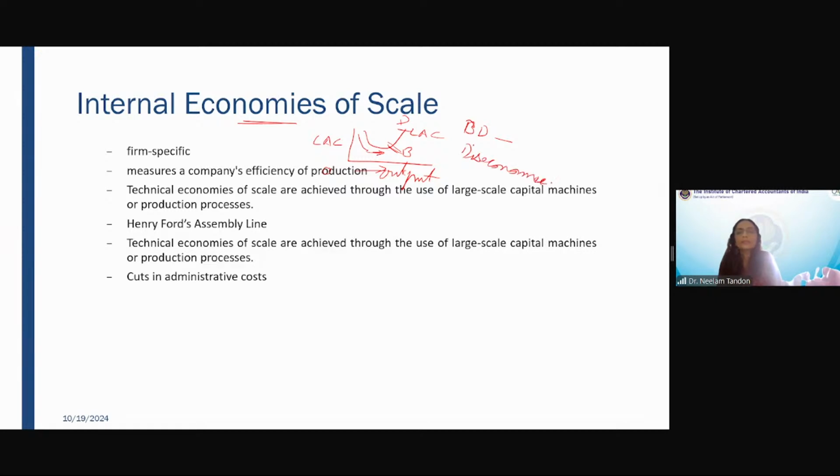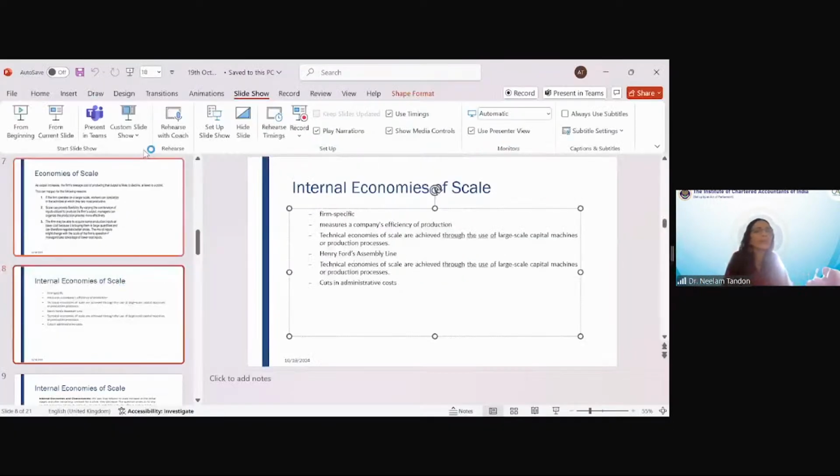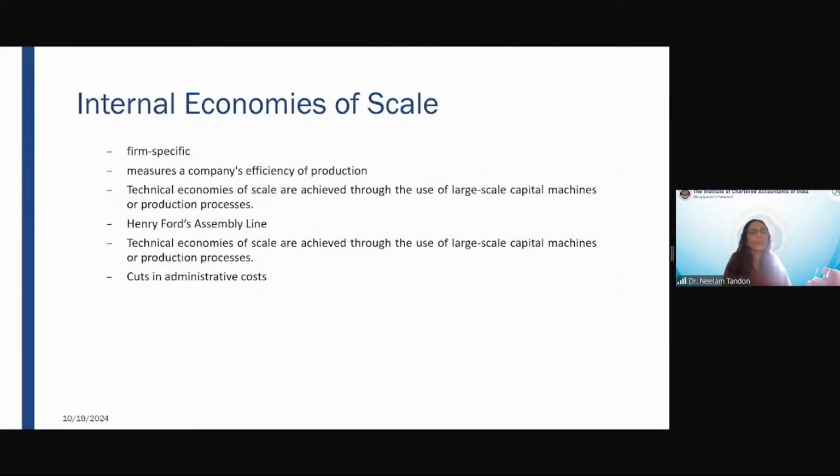Why is it diseconomies of scale? Basically, disadvantages. Disadvantages of working on a large scale. When you work on a large scale, these are the disadvantages you incur. Sorry, I'm writing here. So diseconomies are disadvantages.